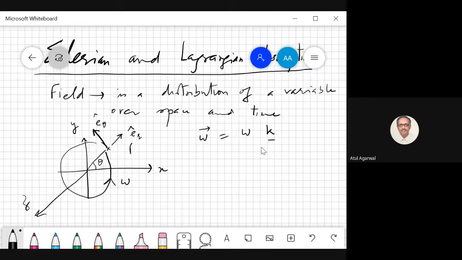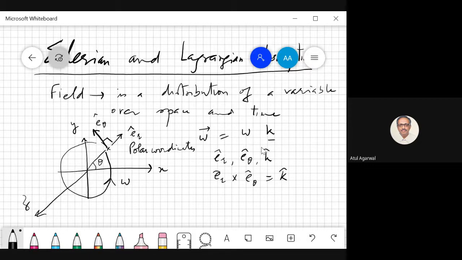If you use polar coordinates, ER, E theta, K. These are your 3 unit vectors. One is along radial direction, one is along theta direction. This angle is 90 degrees. Then you will see ER cross E theta is equal to K. So these are your unit vectors.